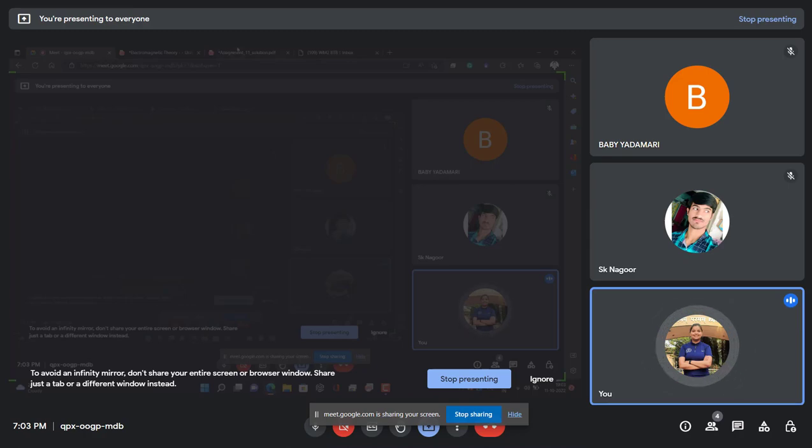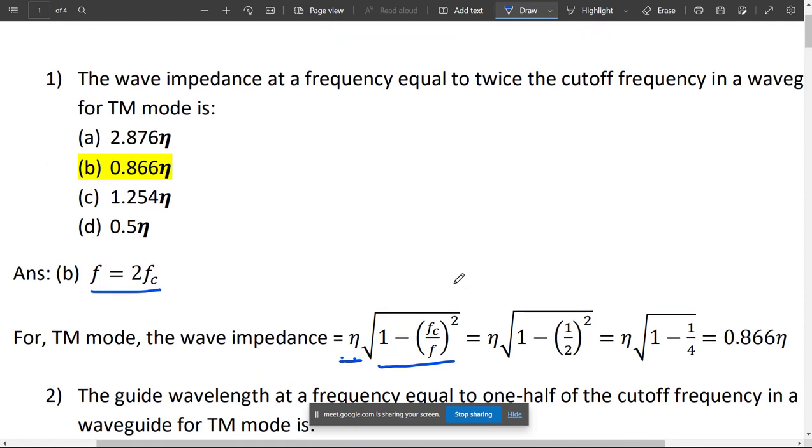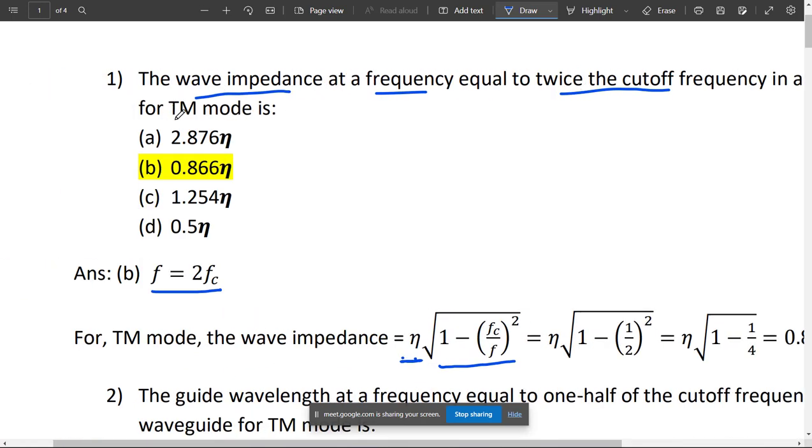So we have started, and I was solving question number 1. It is a pretty simple question. It asks what the wave impedance will be for a frequency equal to twice the cutoff frequency in a TM mode.